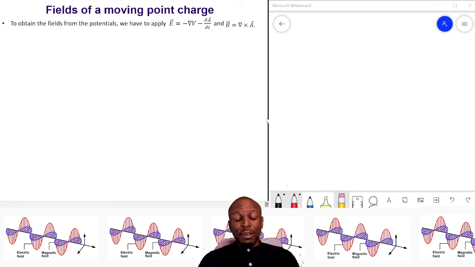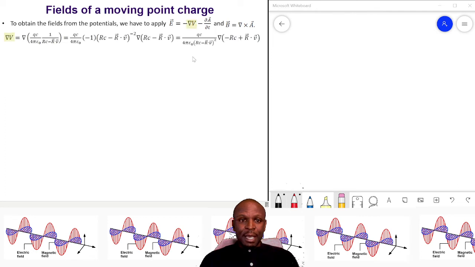Now, we have the potential, therefore we can get the fields of a moving point charge. We take the gradient of V. If we take the gradient of V, this is what you are going to have. What is very important here is this Rc. I'm just going to talk about this term because the differentiation is just going to go for this one.